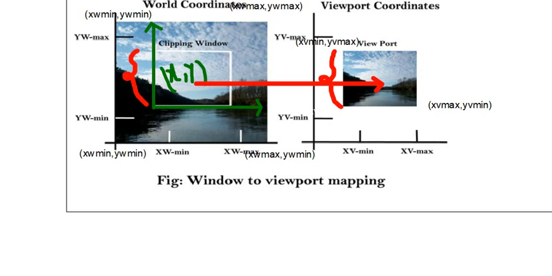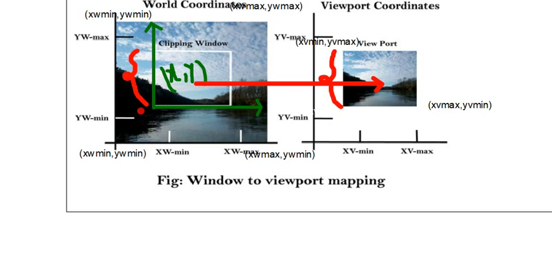When you transform the contents which are visible through the window, first you need to clip or truncate the portions outside the viewing window.